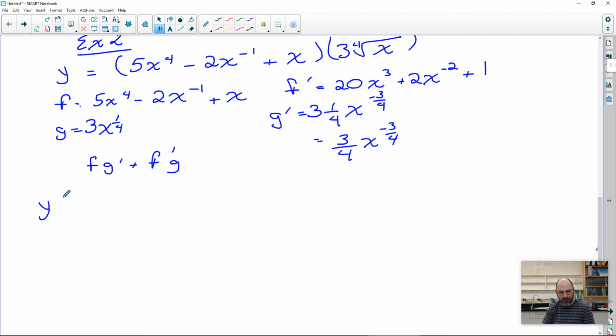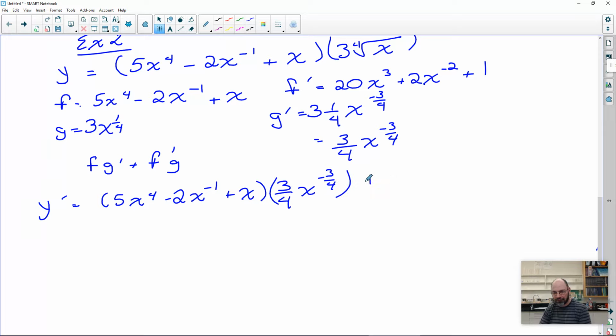So y prime then is going to equal, f is 5x to the fourth minus 2x to the negative 1 plus x, multiplied by g prime, which we have to fix up because I forgot that. So 3/4 x to the negative 3/4.